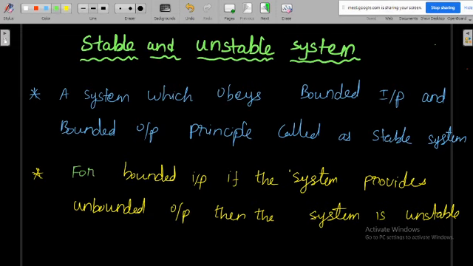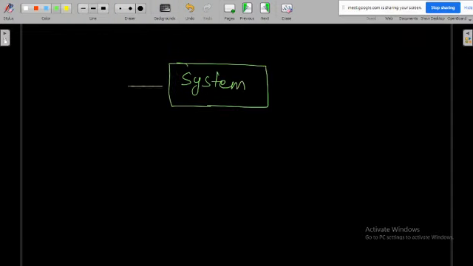So that means you are providing a bounded input, but the output is unbounded. If the output is unbounded, then the system is unstable. In both cases you are providing a bounded input. Say, for example, in the first case you are providing a bounded input.